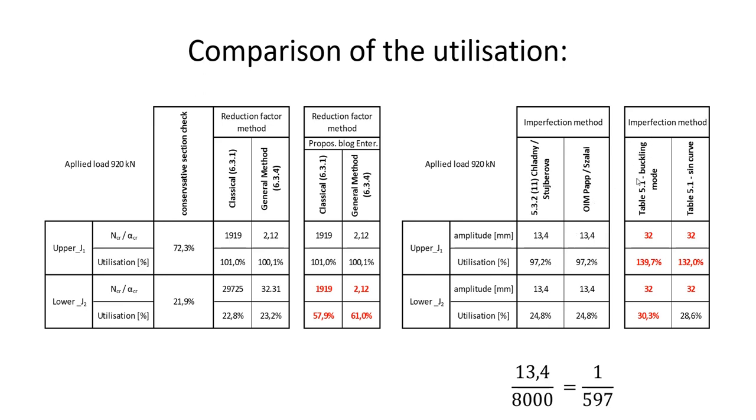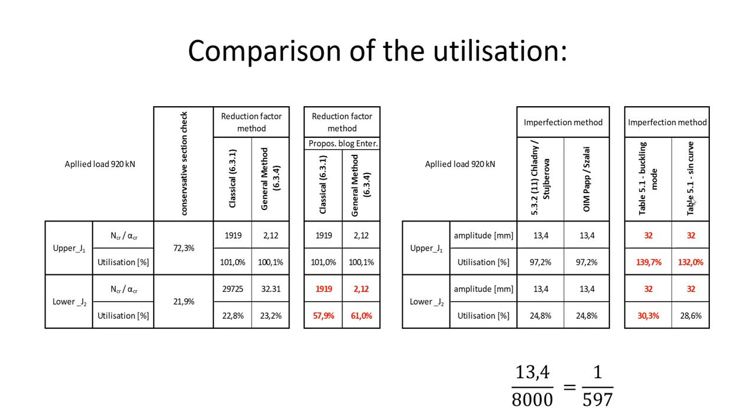And here we have two examples of the checks which were provided by the imperfection method, but with the amplitude calculated from table 5.1. It is buckling, and the shape was provided by the buckling mode.